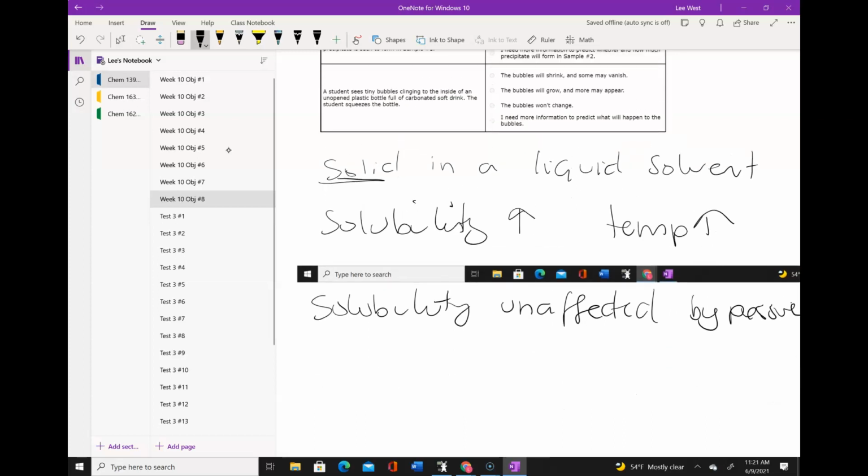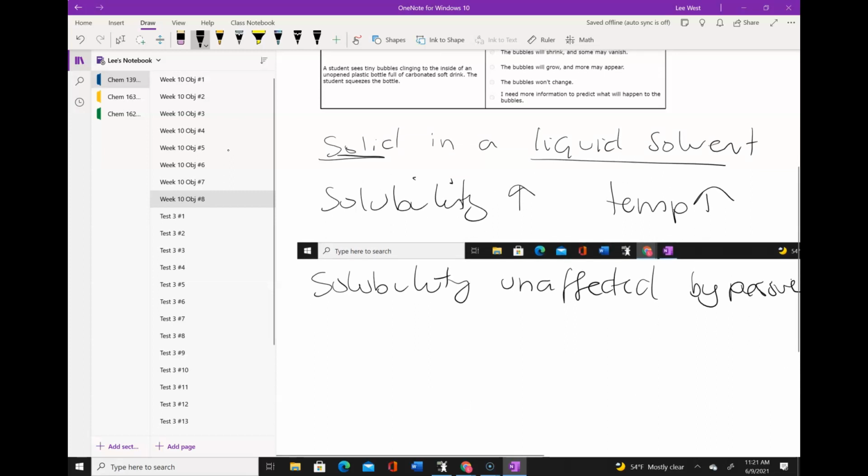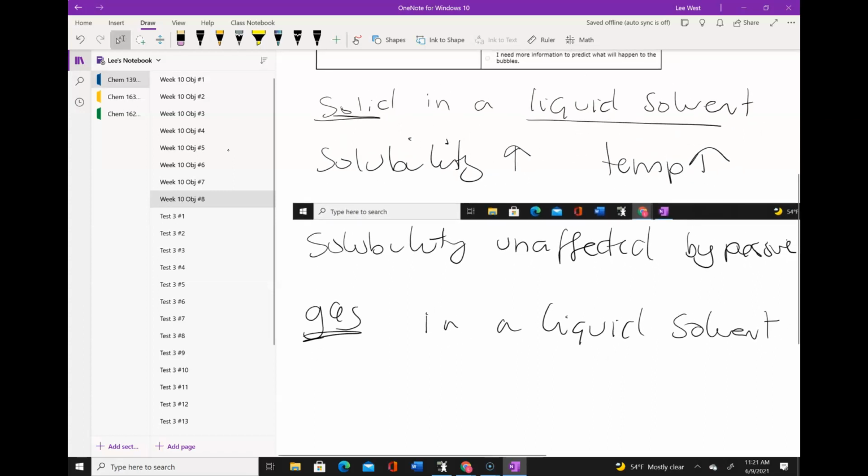Okay, so that's for a solid in a liquid solvent. For a gas in a liquid solvent, solubility decreases as temperature goes up.